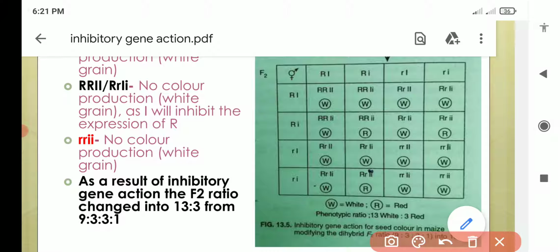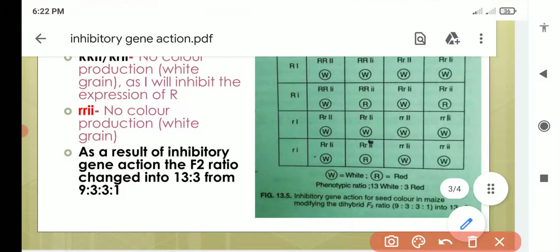So only 3 plants will be able to produce red seed color, and the remaining 13 plants will produce white seed color. That's why the ratio 13:3 will be obtained. 13 plants will produce white seed color and 3 plants will produce red seed color.